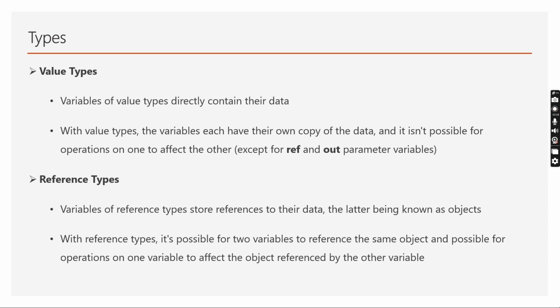When we come to reference types, it is possible to have two variables reference the same object. So once we change the object through one variable, it is going to affect the other variable as well, because it is referencing the same object.